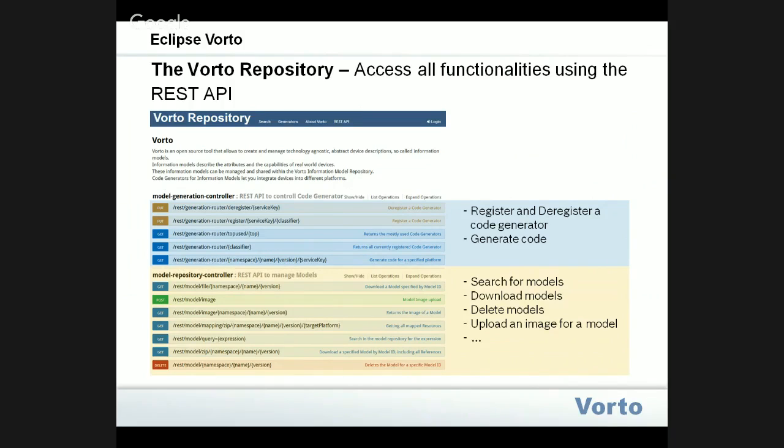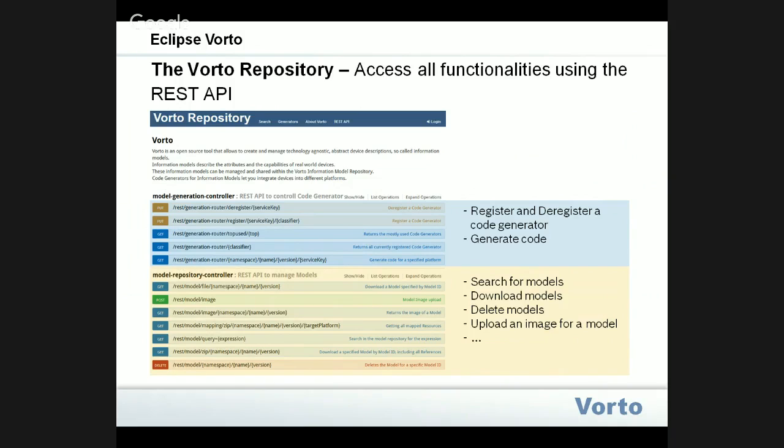And why did we integrate that code generator infrastructure into the Vorto repository? There are a few reasons. One reason is that when you have an application, let's say an application that has a protocol adapter, and this protocol adapter communicates with devices, then it might be that you connect a new device to that protocol adapter, but this device is not well known to the adapter or to your application.